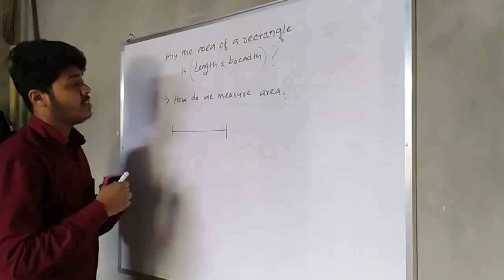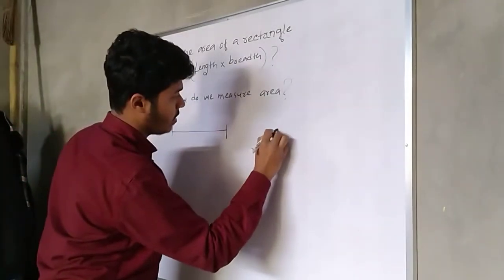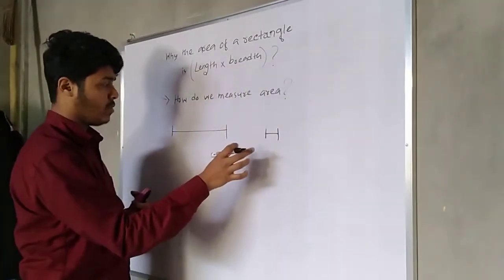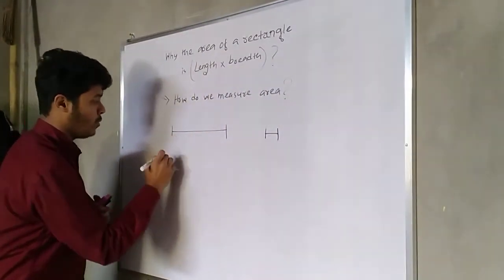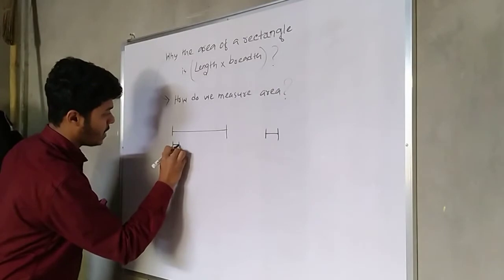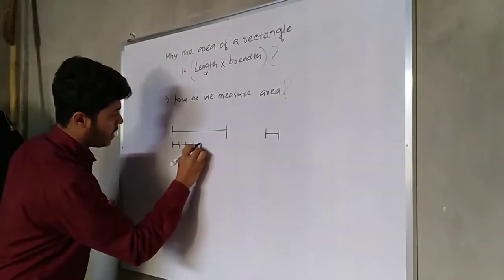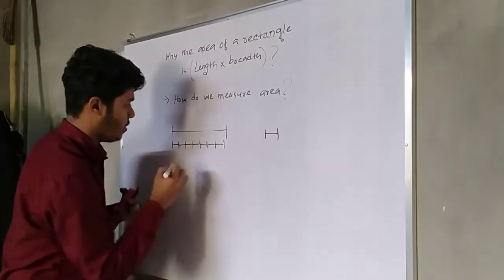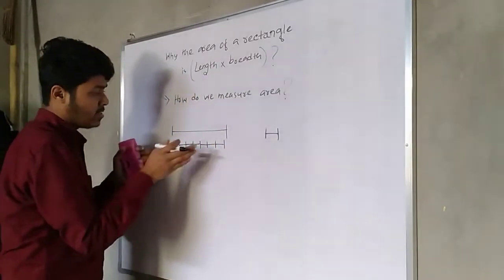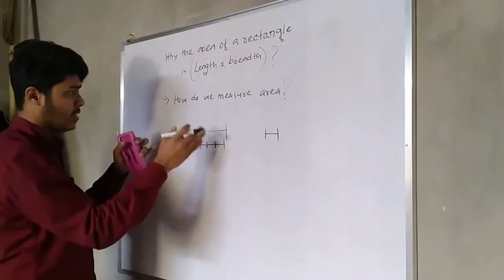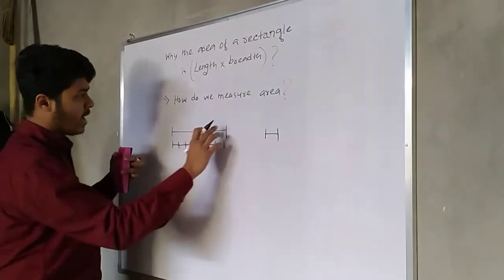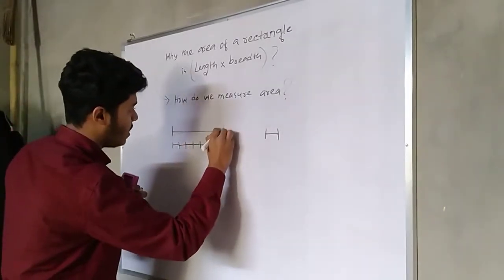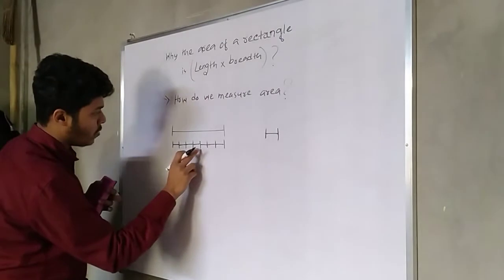What we do, we take a unit length, and in terms of that unit length, we measure the whole length. So we place our unit length side by side and count how many unit lengths we need to arrange side by side to get the whole length. So in this case, let's say it is approximately 1, 2, 3, 4, 5, 6, 7.